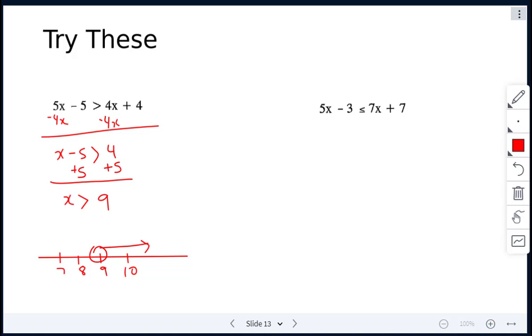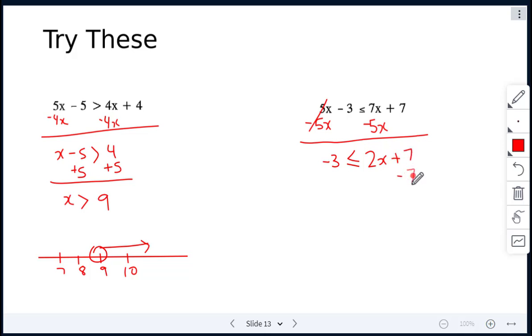Okay, so we're just going to do this last question, and we're just going to do it a little bit differently. We're just going to leave the x on the right-hand side this time, because some students just prefer not to work with the negative x. So you can subtract 5x on both sides, and then you're left with negative 3 is less than or equal to 2x plus 7.